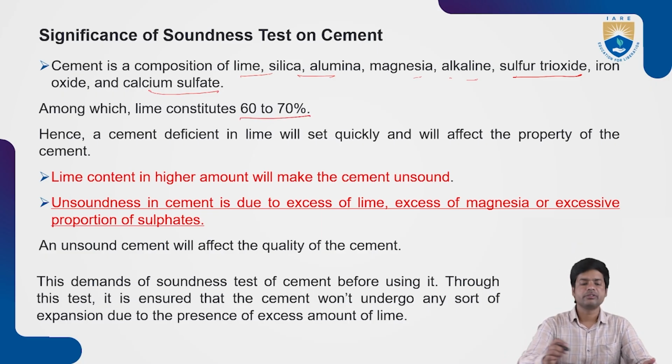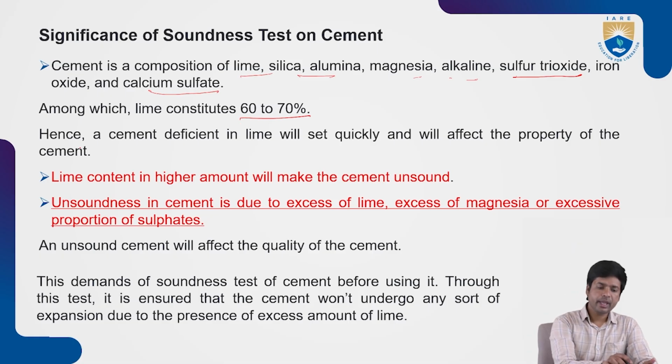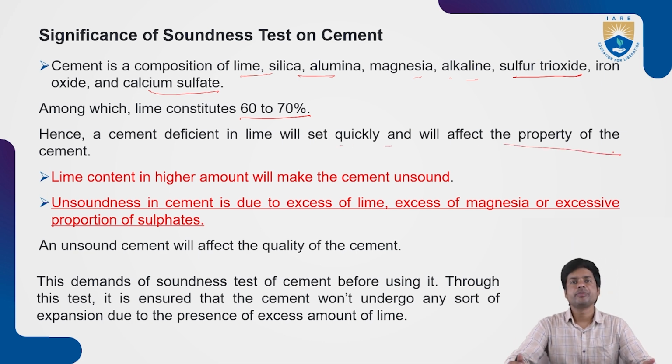Hence a cement deficient in lime will quickly set and affect the property of the cement. Due to less lime content, the setting time of the cement will reduce, and ultimately it is going to affect the quality of the cement.